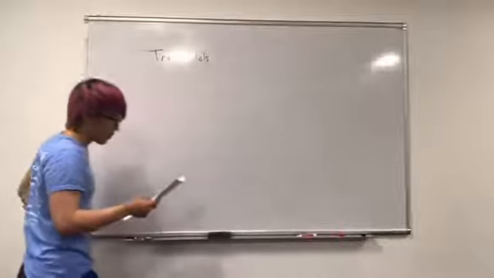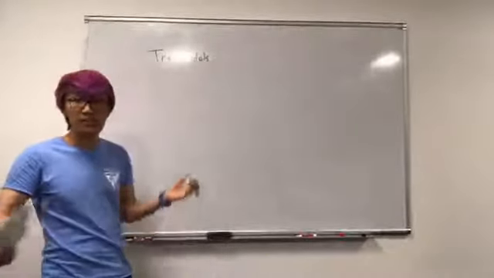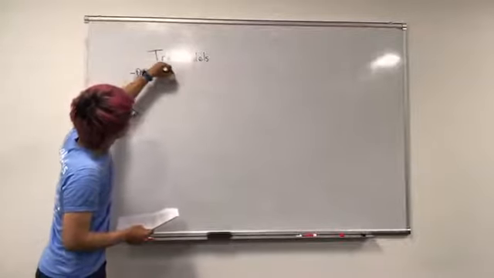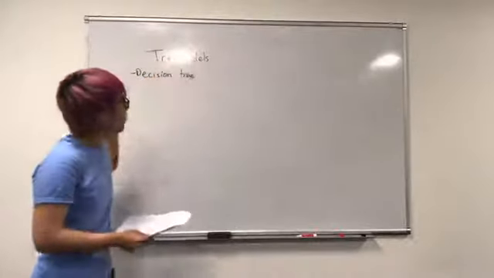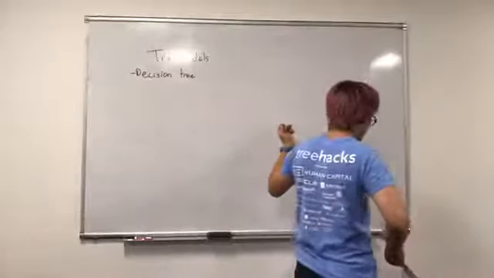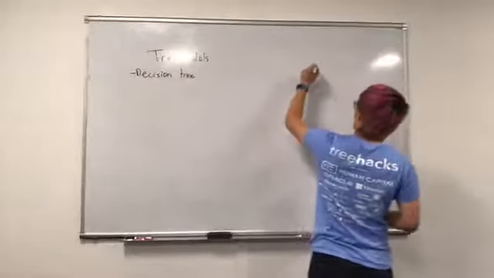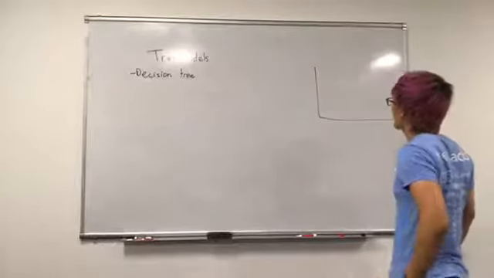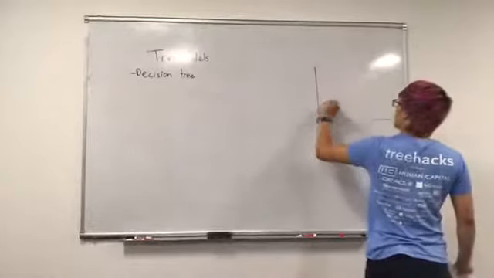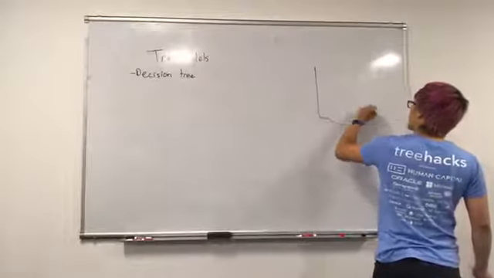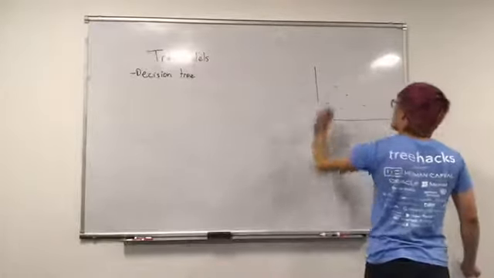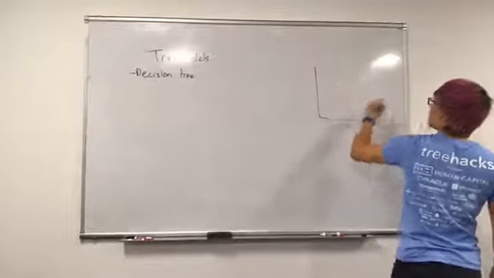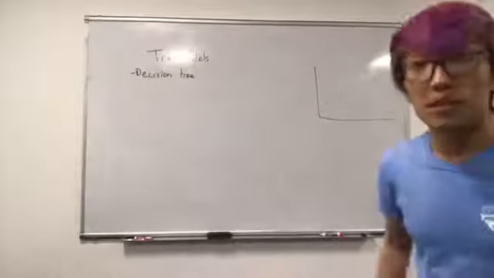So let's start off with the most basic tree model, which is a decision tree. One example of a decision tree could look something like this. So let's say we have some data points that we're trying to classify. Sorry if those are too small.